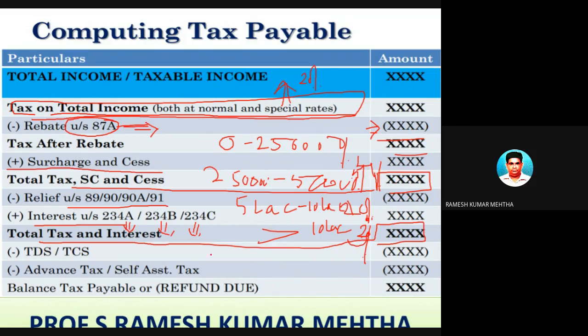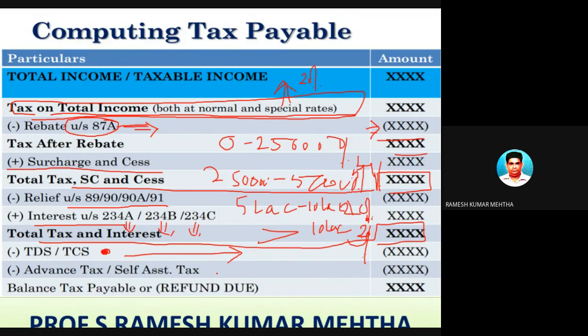From this tax amount that you are supposed to pay, you can deduct TDS at source and TCS at source. You have a separate discussion on the topic tax deducted at source.